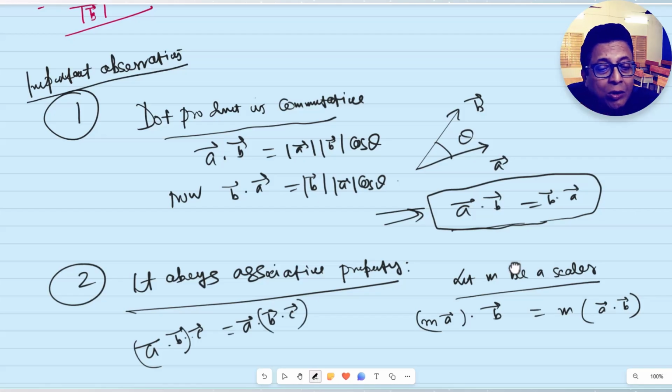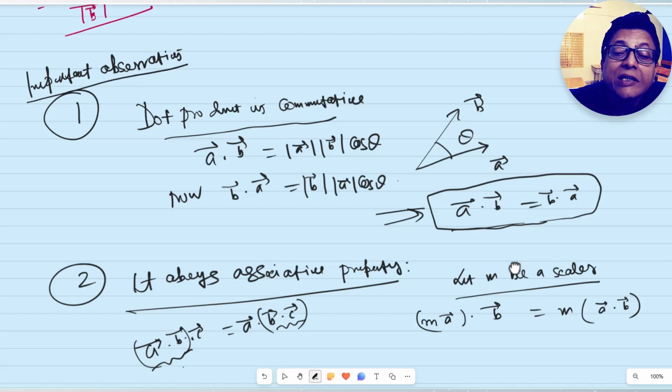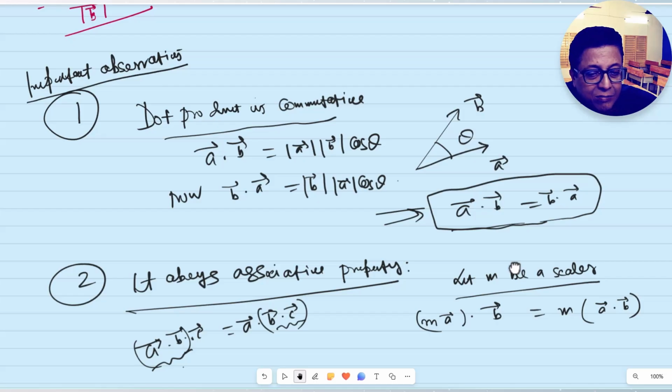Why? Because A dot B is going to be a scalar. C is a vector. Left hand side, some scalar into C vector. Right side, B dot C will be scalar, that into A. Dot product is a scalar quantity. So left side, A dot B when you find, will be a scalar quantity, so it will give you a vector collinear with C. On the right hand side, B dot C is also a scalar, it will give you some scalar into A vector.